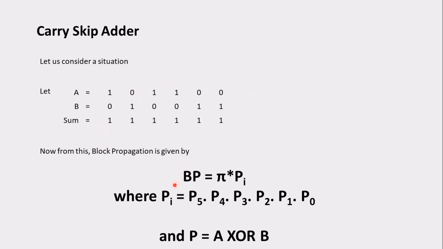So block propagation is given by the product of Pi, where the product is P5 into P4 into P3 into P1. P5 is one full adder, P4 is also one full adder, P3 is also one full adder. Finally P is our propagate signal, and that is given by A XOR B.